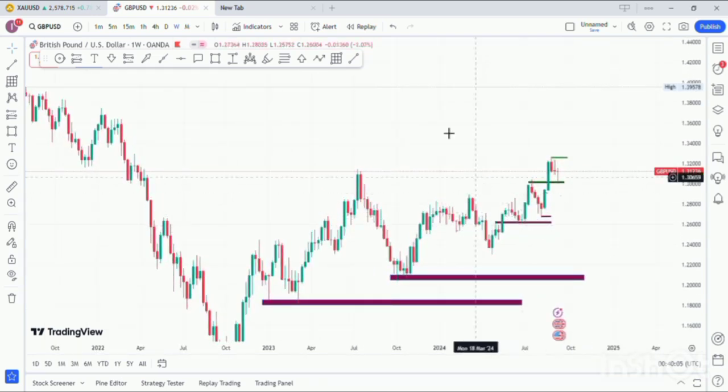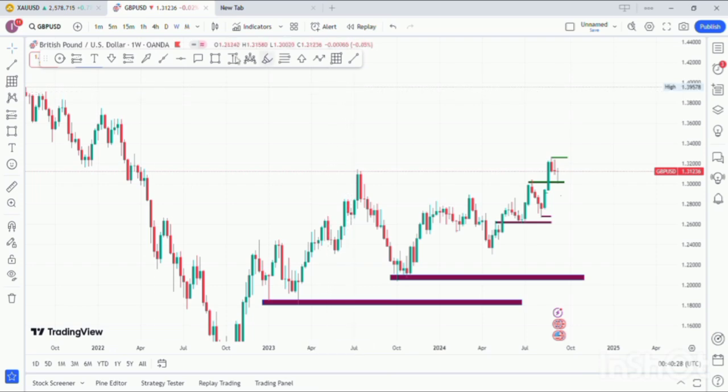So the next resistance we need to be looking out for on the weekly time frame for GBPUSD would be this resistance zone right here. So we'll be expecting price to move upward, to respect this resistance zone right here. That's the next zone we are looking for price to continue its upward movement to right here, guys.